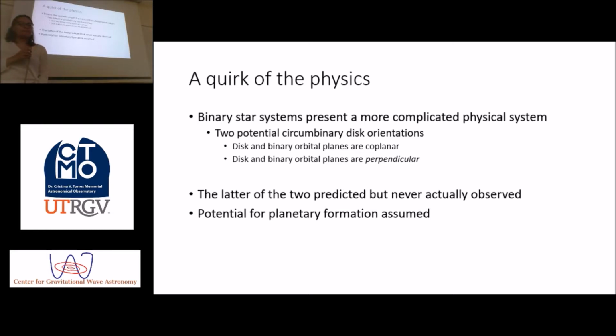Oh, I think that's what you meant, that in principle there are two possibilities. You have a star that has its disk.